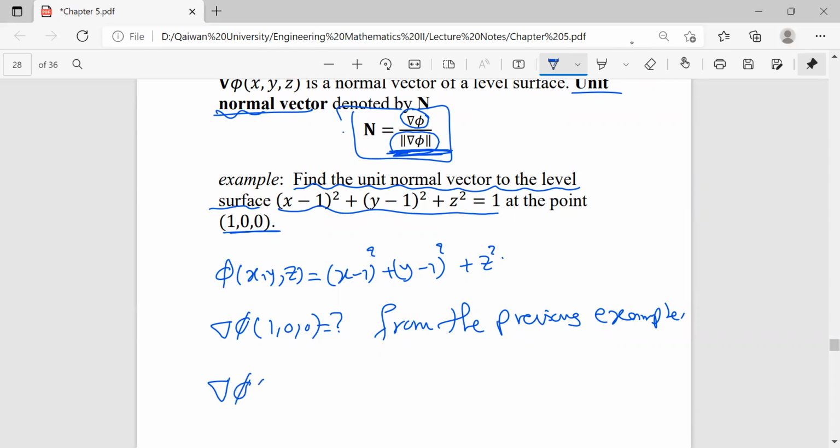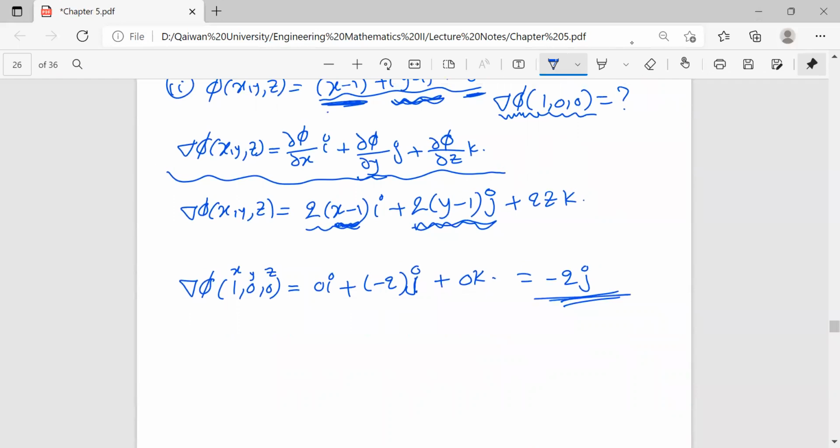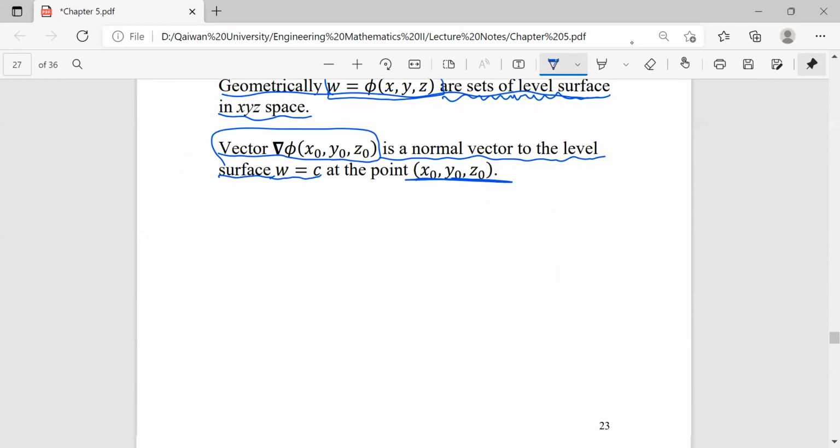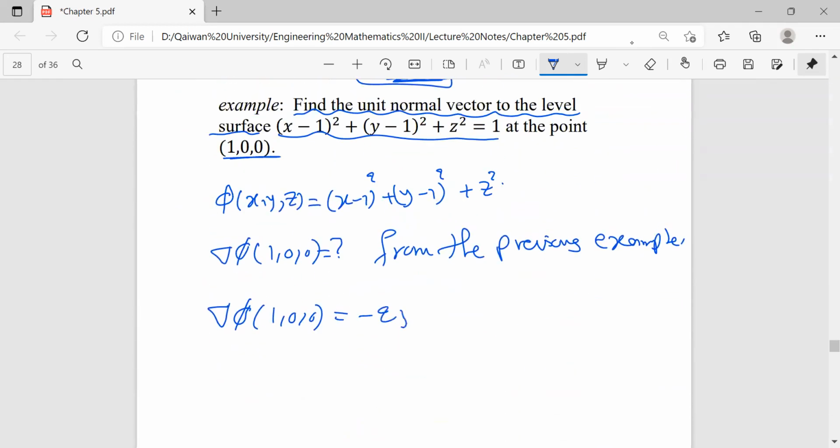Grad phi at 1, 0, 0, as you see here in the previous example, is -2j. This is the gradient of the scalar field.